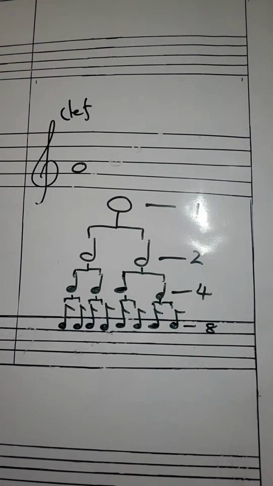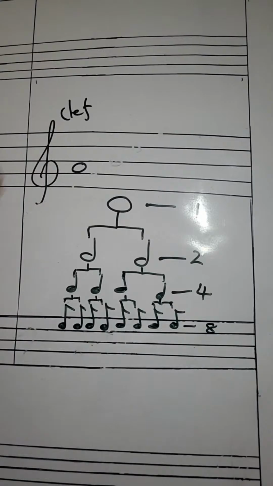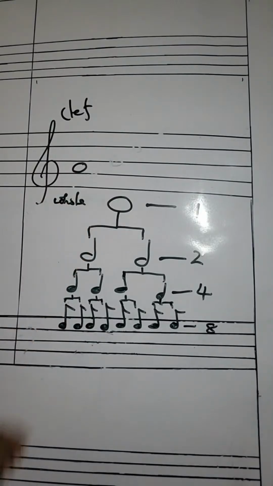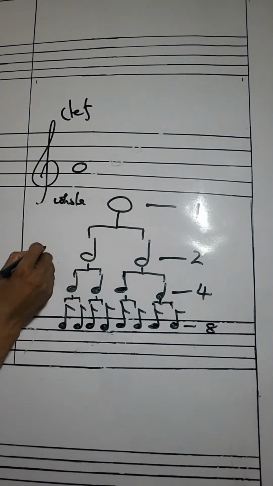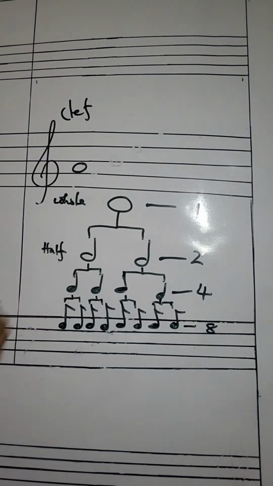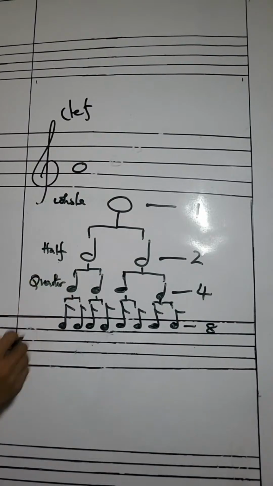And that is why the Americans call these 8th notes. Why is it called an 8th note? The whole note is seen as a whole, this is seen as a half, and you know, anything that has to do with quarter has to do with 4, and this is seen as an 8th note.